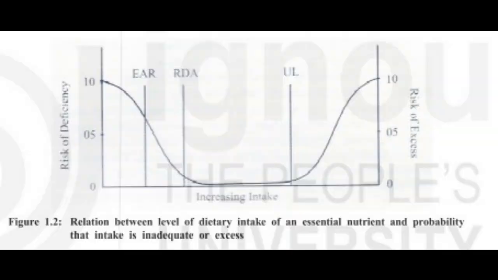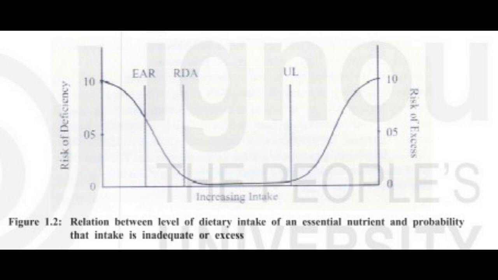As the intake rises above this level, a point is reached when risk of excess exceeds 0. The range between the intake level at which risk of deficiency is 0 and the point at which the risk of excess rises above 0 is taken as the safe range of intakes. This concept is utilized in deriving the recommended dietary allowances, RDAs, and the upper intake level, UL, for all the nutrients except energy.